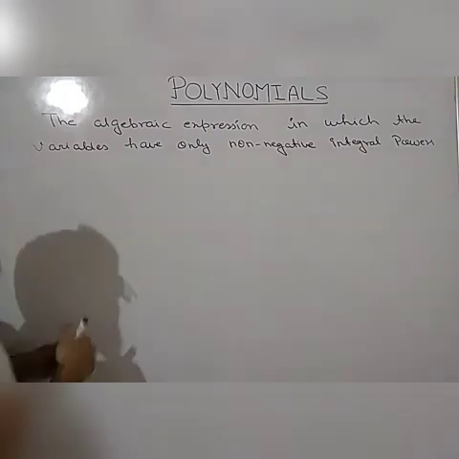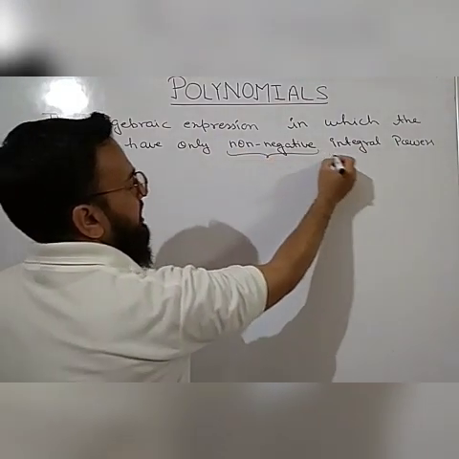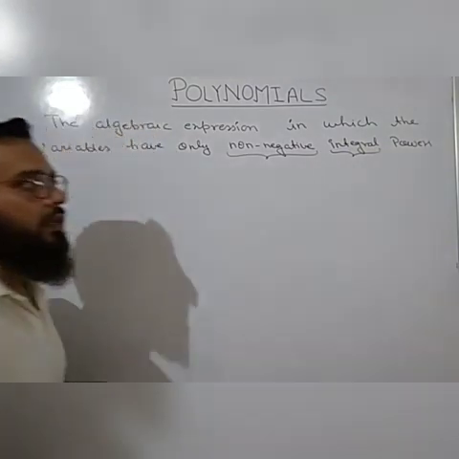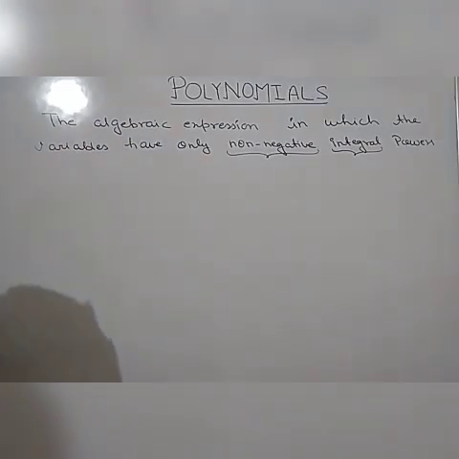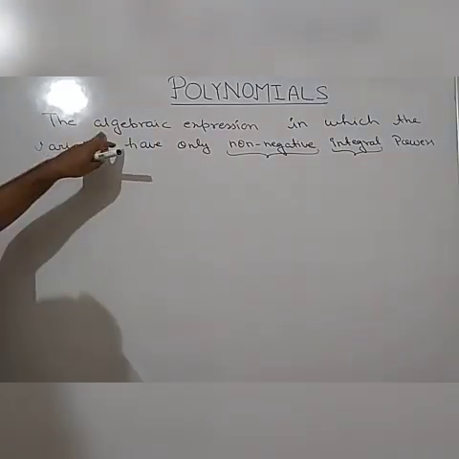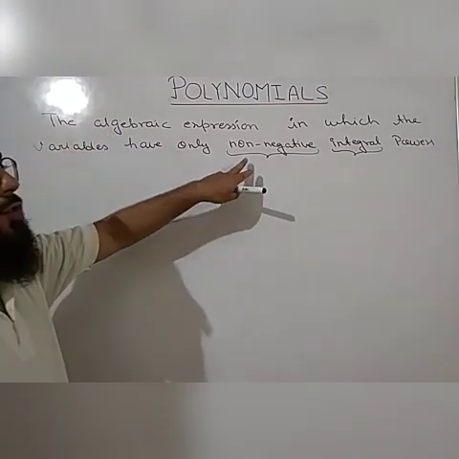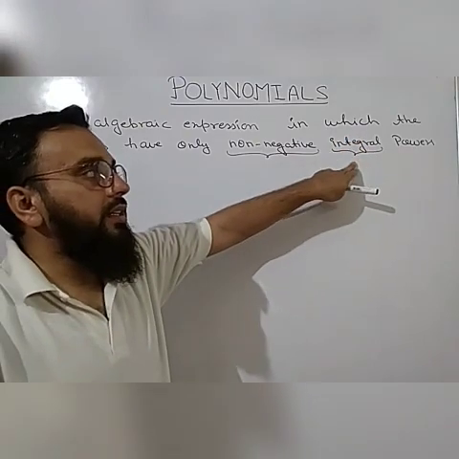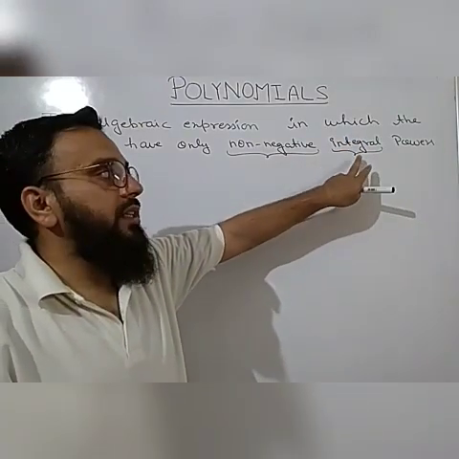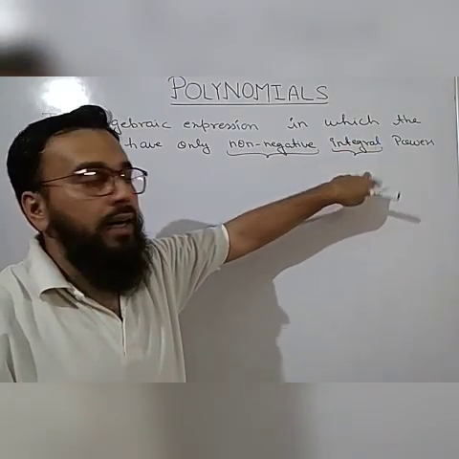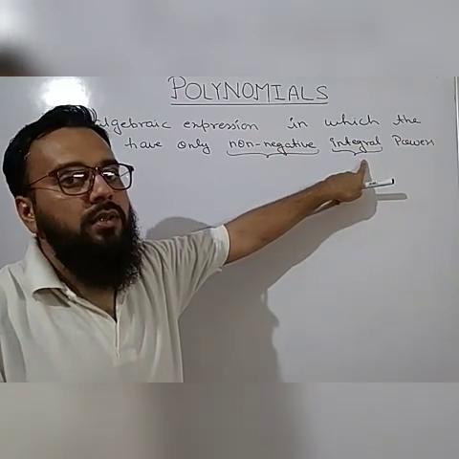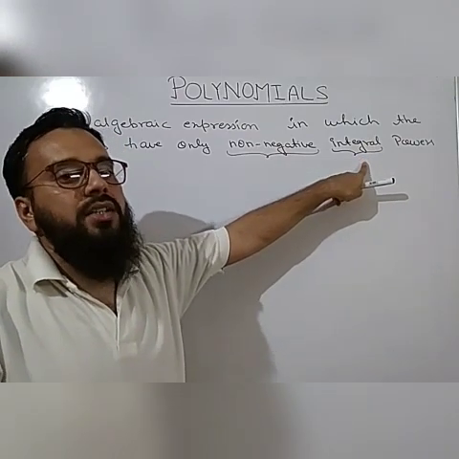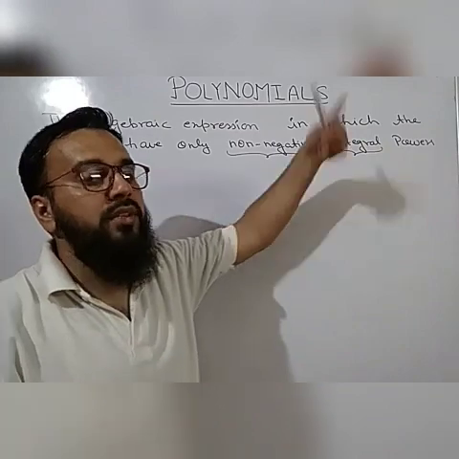The power should be non-negative and integral. That means the power should be in the form of integer and the integer should not be negative. So non-negative integers start from 0 up to infinity.